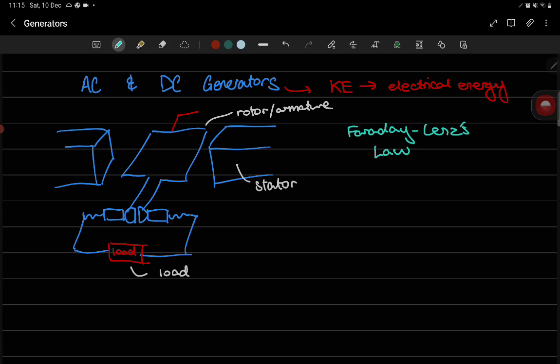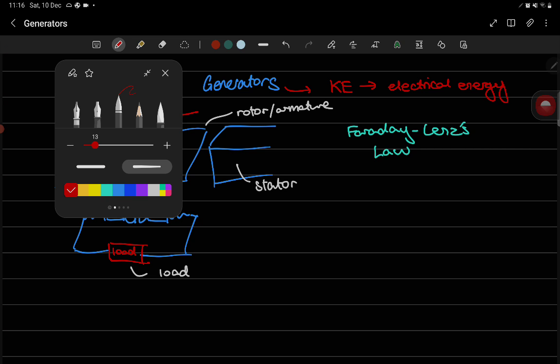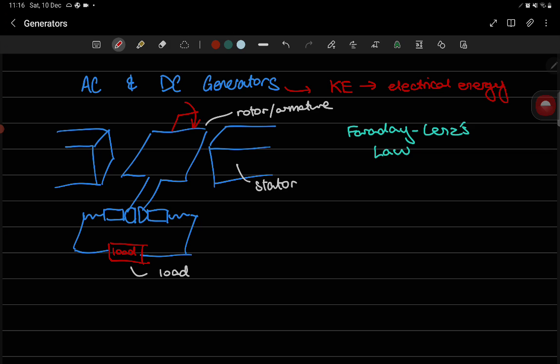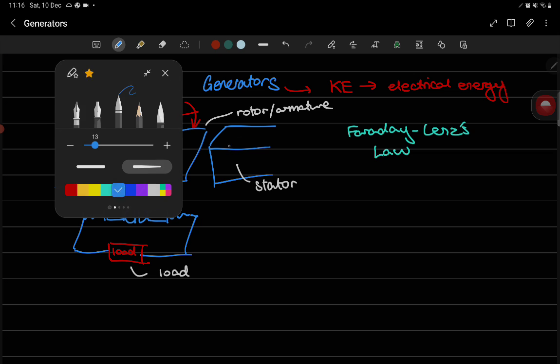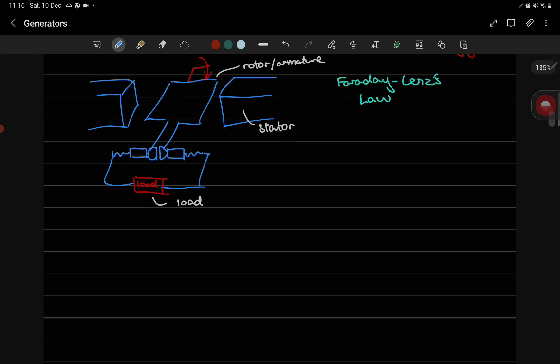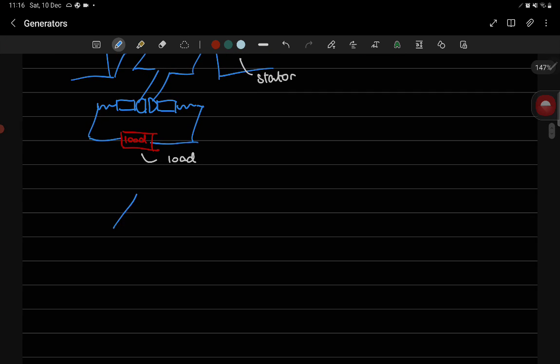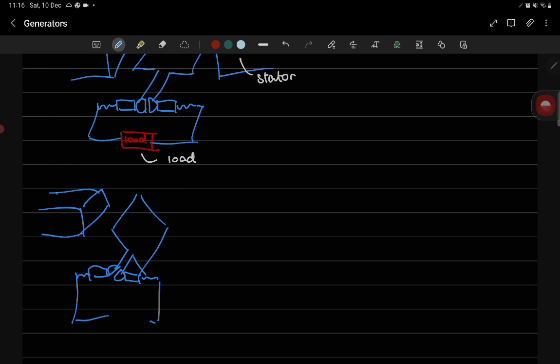So let's say you decide to crank this generator, right? So you decide to turn it like so, and it ends up in a new position like this. Right? So in that situation, you now have increasing magnetic flux through this loop to the right.